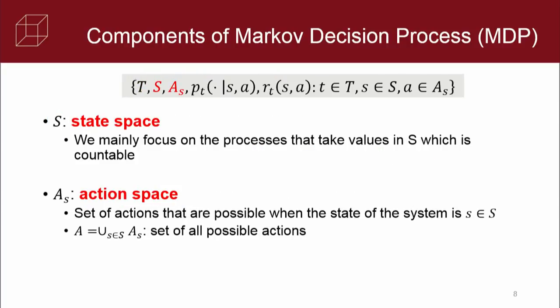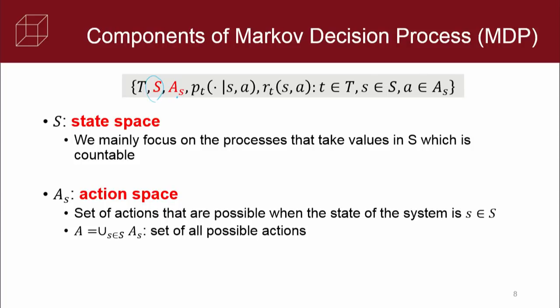All right. The second component is S, which is the set of the states, or we call it state space. Each state in a system or the environment represents the status of the system, and the decision maker can observe it, right? And in the discussion, we consider the case that S is discrete, so you can count, for example.